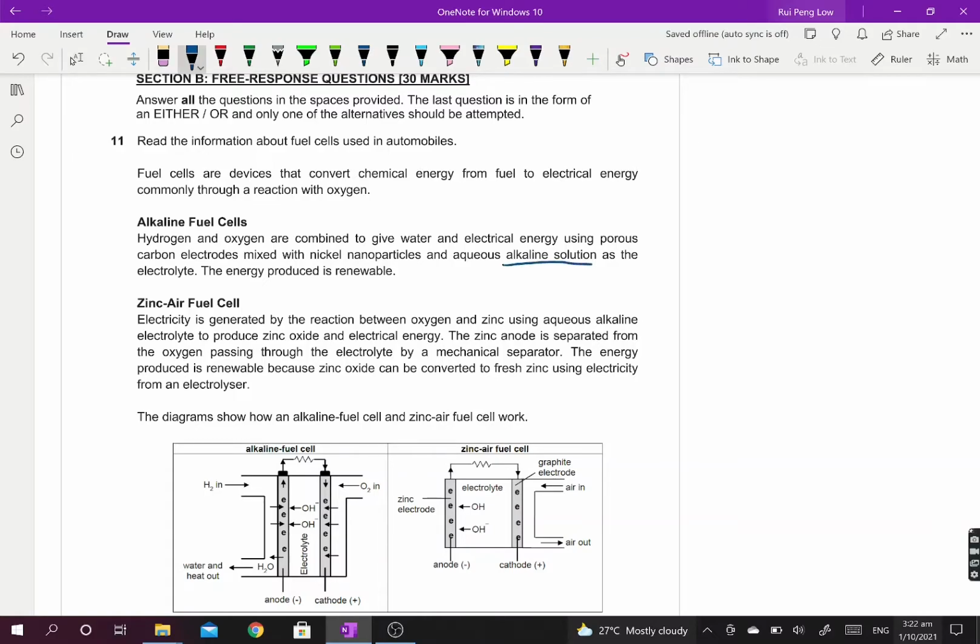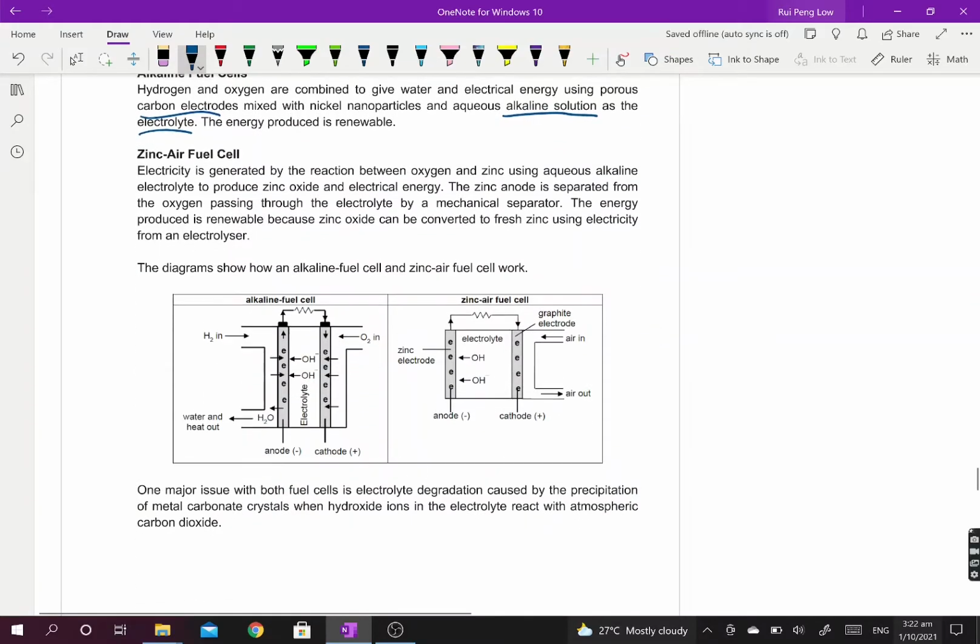So take note, alkaline solution as the electrolyte, and then you have your carbon electrodes. For the zinc air fuel cell, electricity is generated by the reaction of oxygen and zinc using an alkaline electrolyte to produce zinc oxide and electricity.